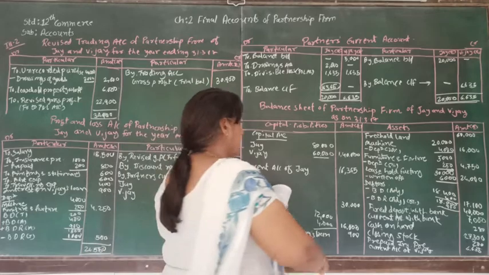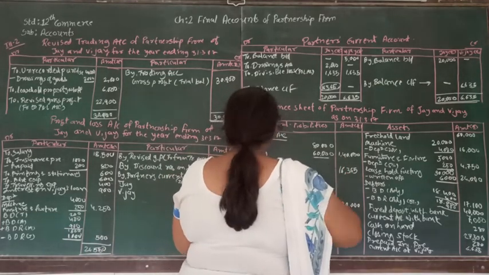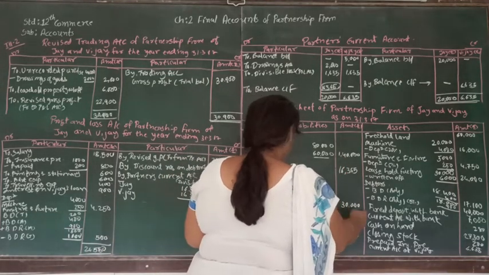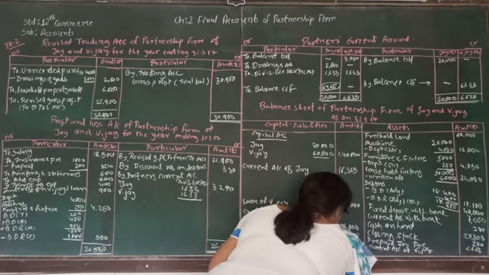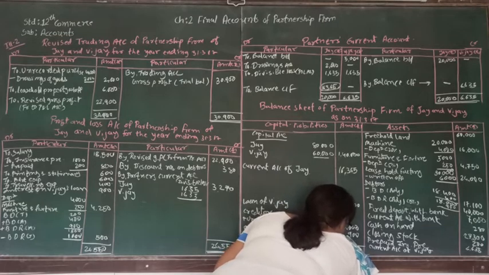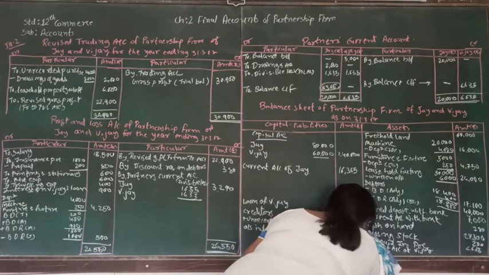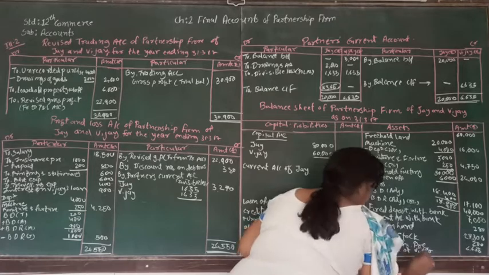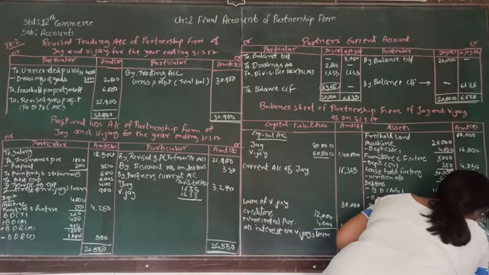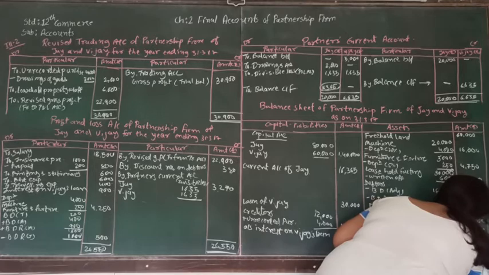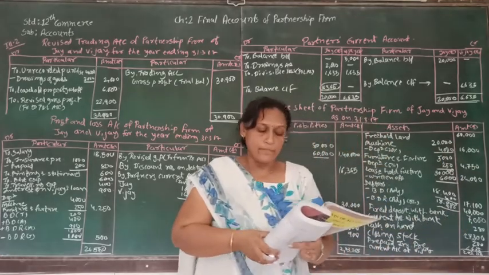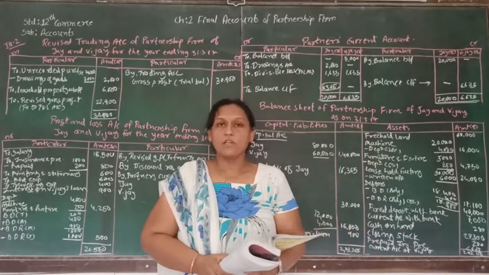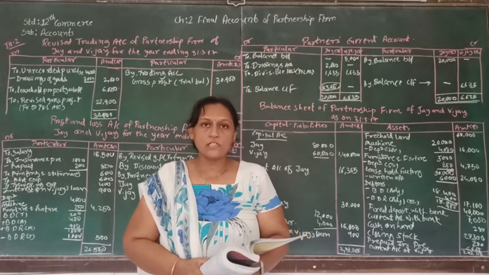Here we can see 1,40,000, 16,365, 30,000, 16,900. The total will be 2,03,265. The total of both sides must be equal. So students, you may note this down in your notebook. Thank you for watching this video.